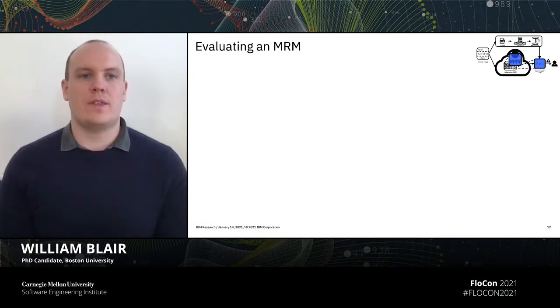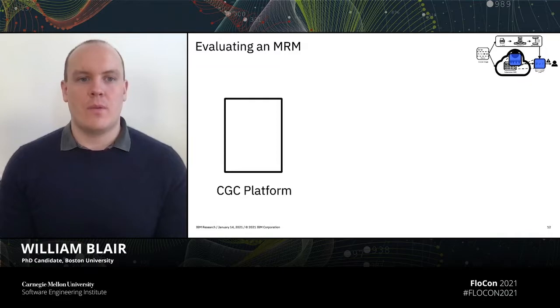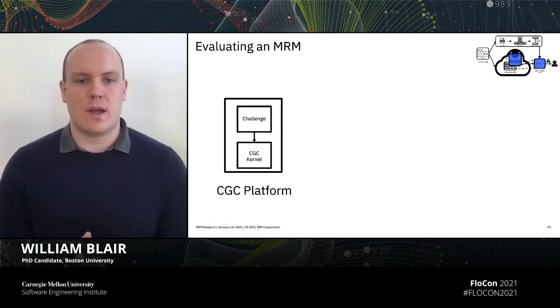So how do we evaluate the effectiveness of an MRM? Well, the DARPA Cyber Grand Challenge dataset provides a corpus of challenges, all of which utilize a very simplified system call interface to a customized CGC kernel. This is useful because it limits the expressiveness of policies that we need to support for our prototype implementation.